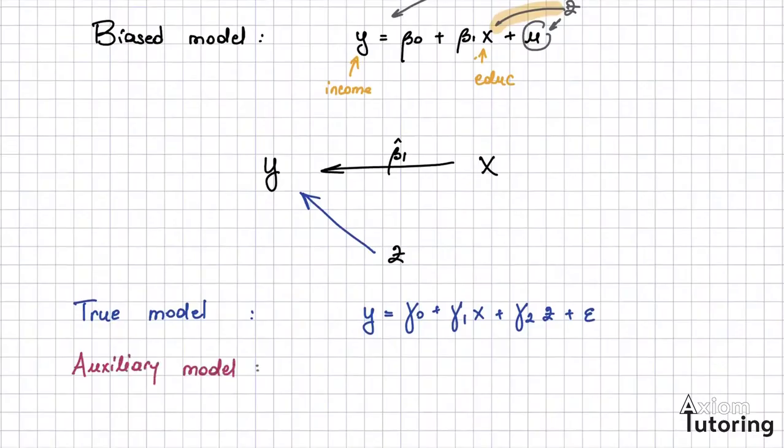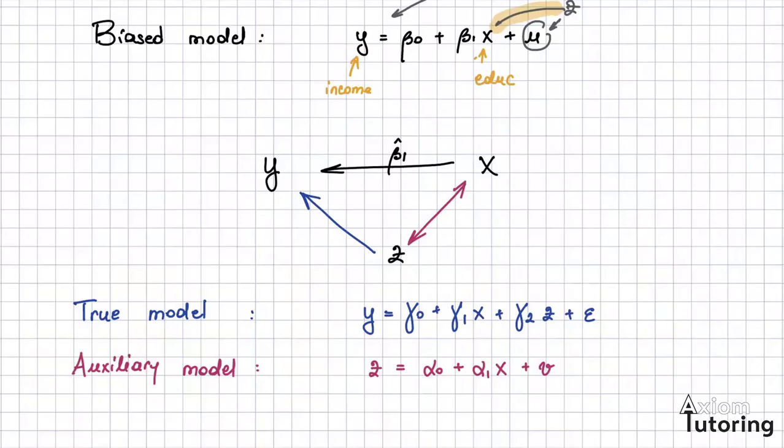The auxiliary model says, okay, I know I have a relationship between my Z and my X variable. So that puts the third arrow in this path diagram. Because this arrow exists, we have an omitted variable bias. If this arrow did not exist, we would not have had that problem.